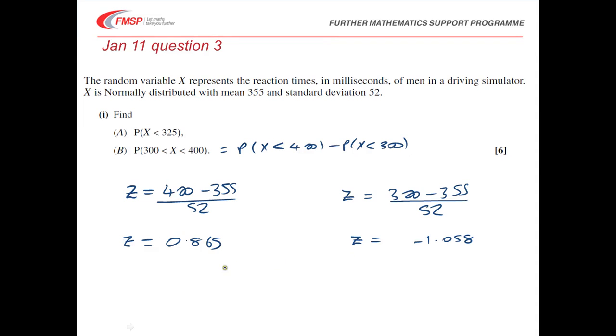So of course, because it's negative, we need to just look at this one carefully. So this one is just probability of z being less than 0.865. This one we're going to have to do 1 minus the probability of z being less than 1.058, so that we can use the table.